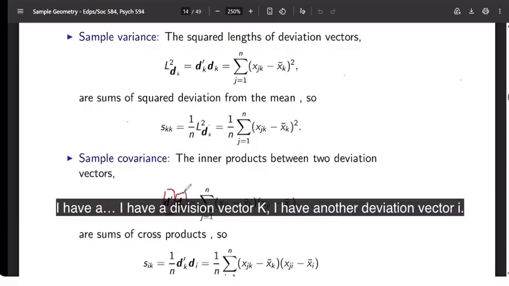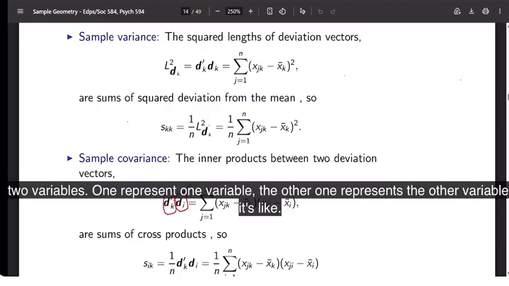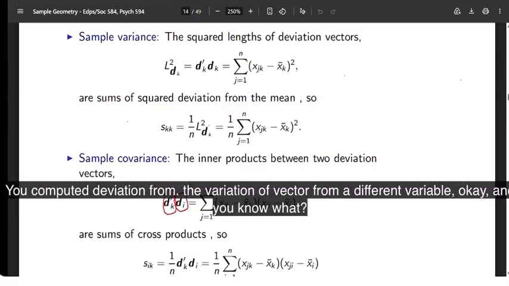I'm having two different deviation vectors because I'm considering two variables. One represents one variable, the other represents the other variable. It's like computing the deviation vector from a different variable. And this is in scalar form.